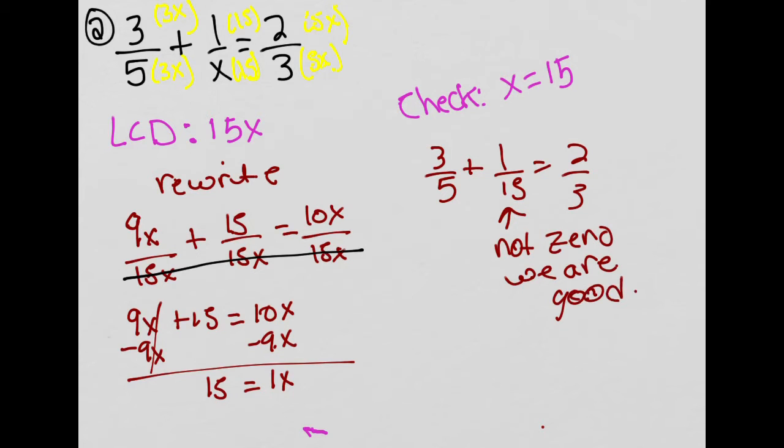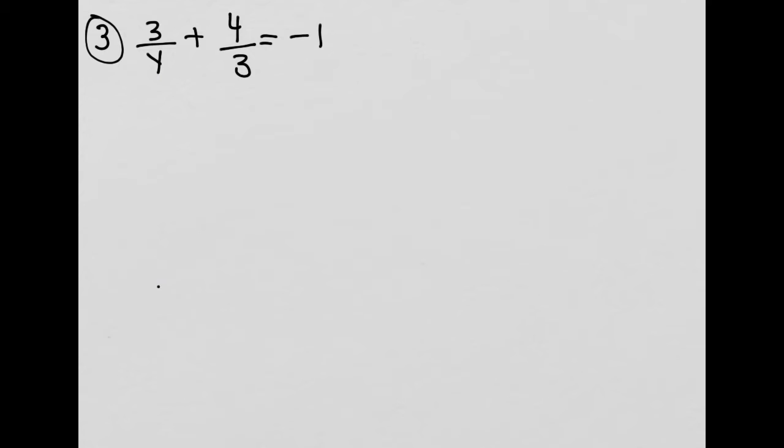Let's see more examples. So we have 3 over y plus 4 over 3 equals negative 1. Again, no need to factor in this case. The least common denominator is, let's put this over 1. So y times 3 gives you 3y times 1 is just 3y.